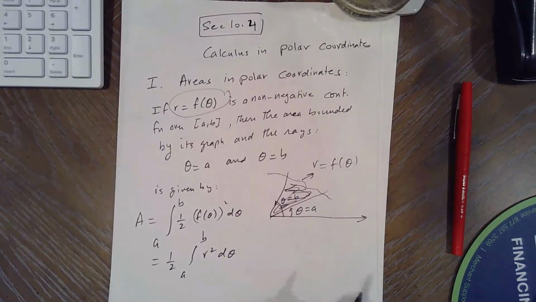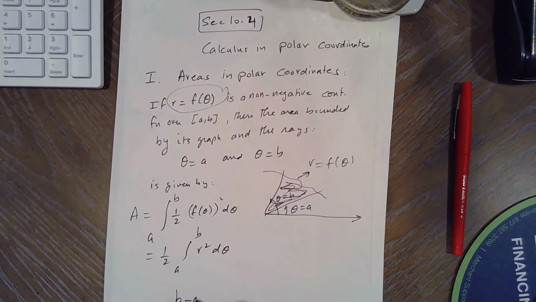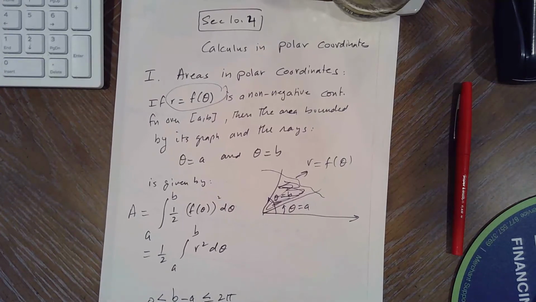Okay, and b minus a is between 0 and 2 pi.